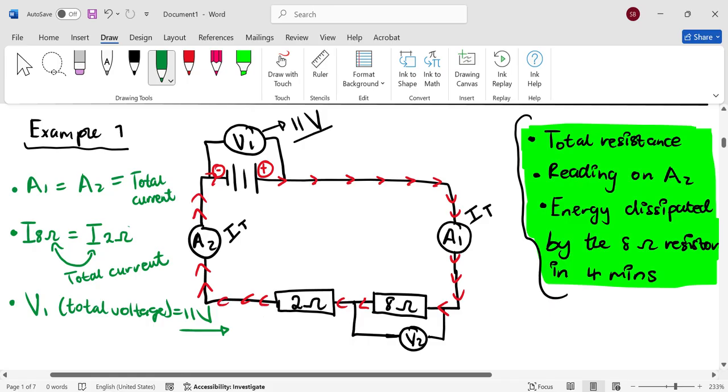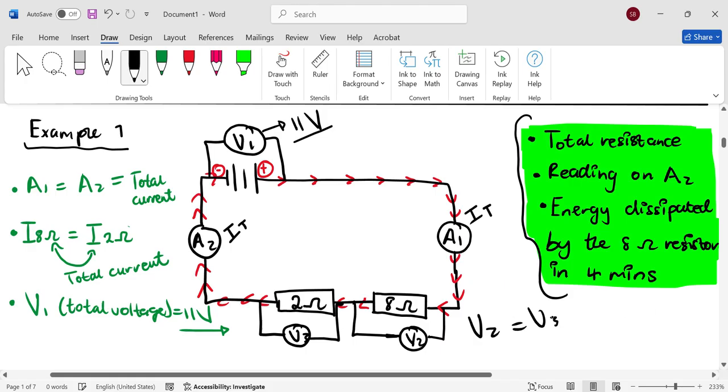In fact, let me ask you, if I had to introduce a voltmeter across the 2 ohm resistor, so if I had to introduce a V3 here, do you think that V3 would be equal to V2?